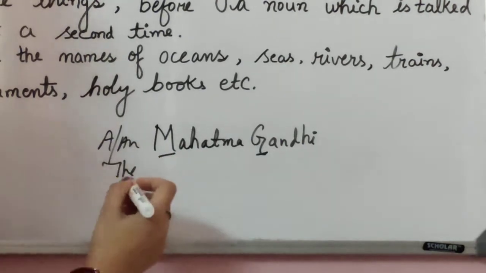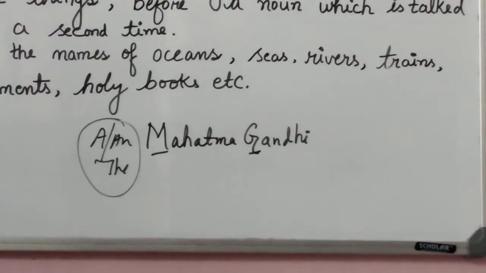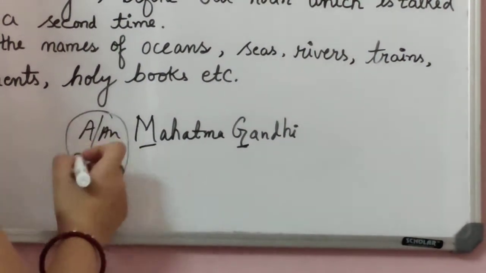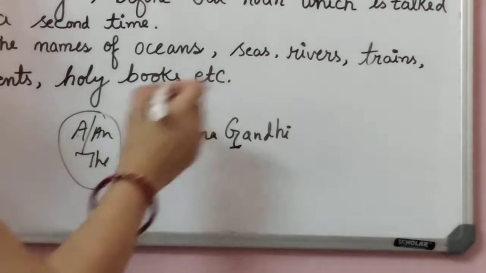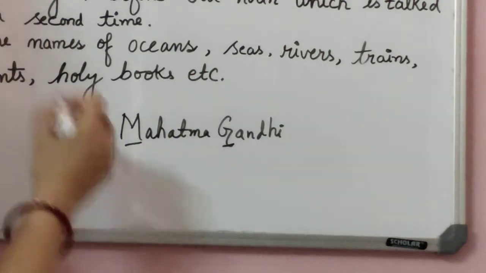We cannot use anything before the proper noun. We cannot say Mahatma Gandhi was a great leader with the before it. We cannot say the Mahatma Gandhi was a great leader. It will be wrong. A Mahatma Gandhi was a great leader. All these will be wrong.